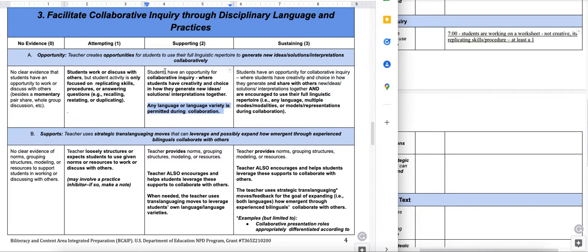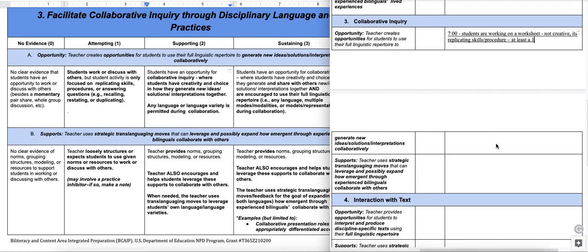You might not necessarily see the teacher doing something, but the students are doing it, so you know that it's at least permitted. But you're not really seeing the teacher going to any great lengths to scaffold or support multilingualism in the context of the collaboration. That's level 2.